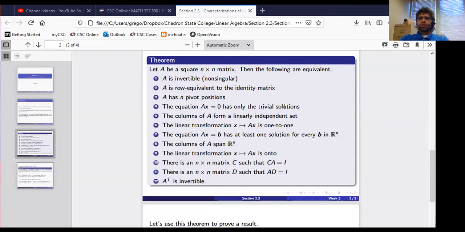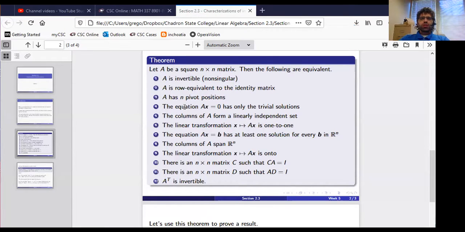This result comes from the invertible matrix theorem. This list of 12 conditions are all equivalent.